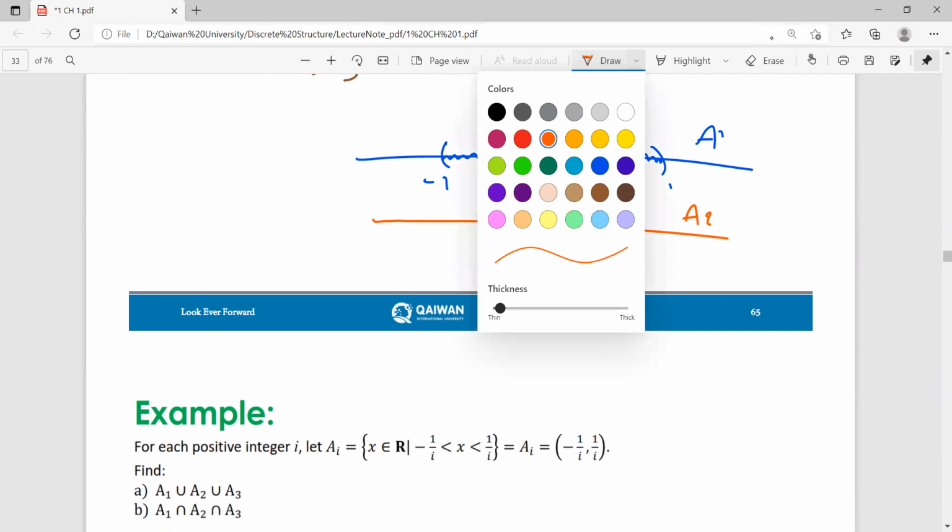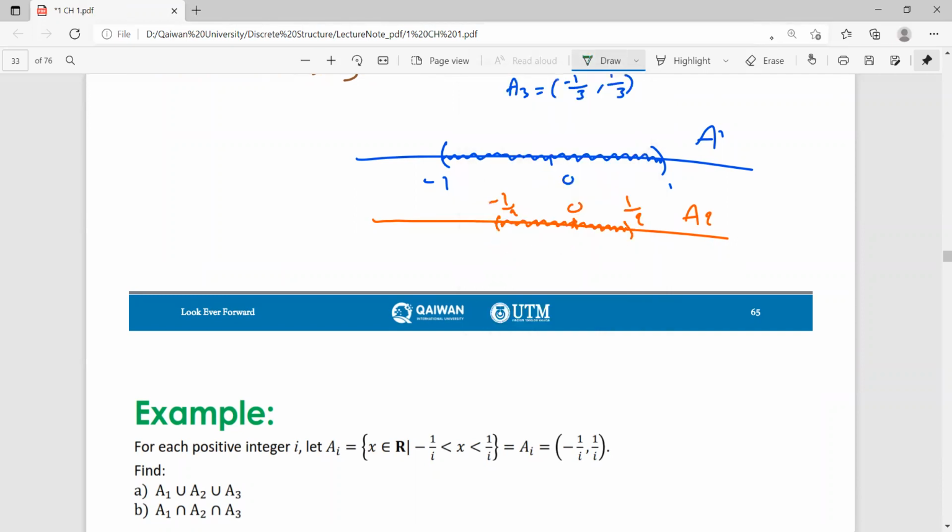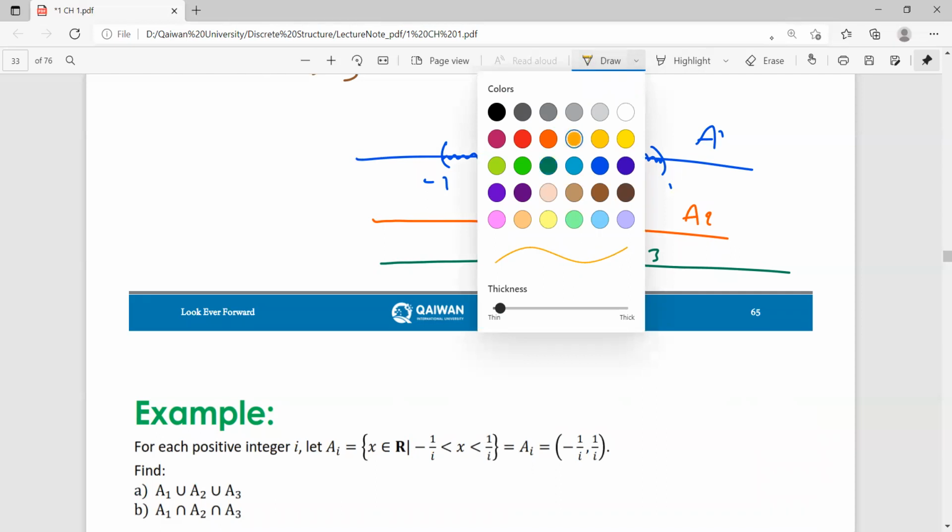And for A3, A3 is from -1/3 to 1/3. This is 0. This is A3. The intersection of them, look, could be obtained this way.